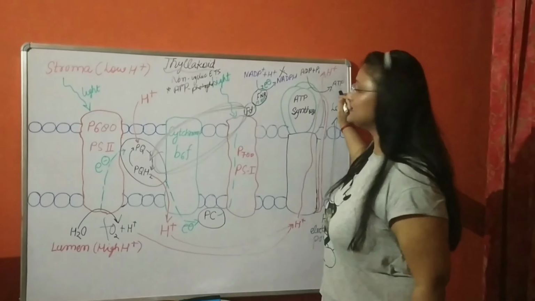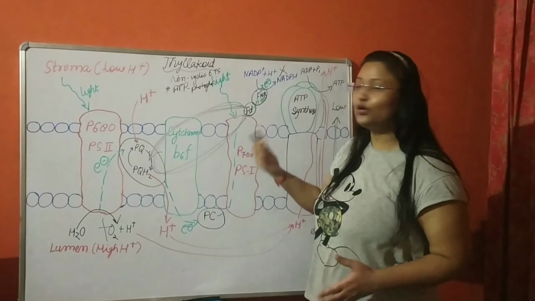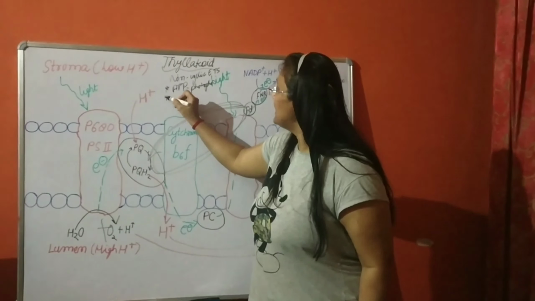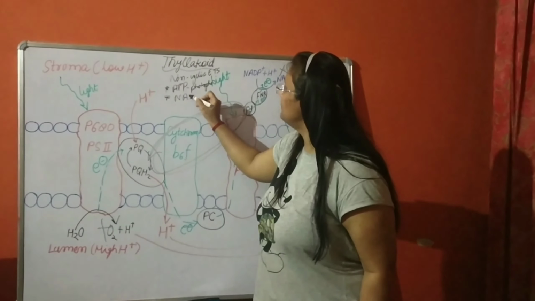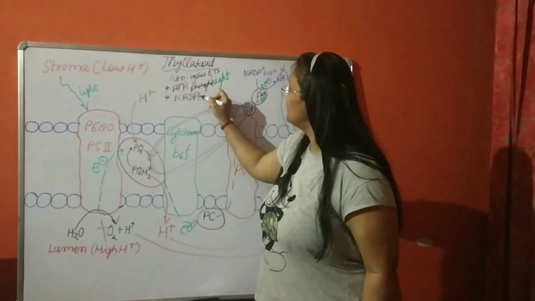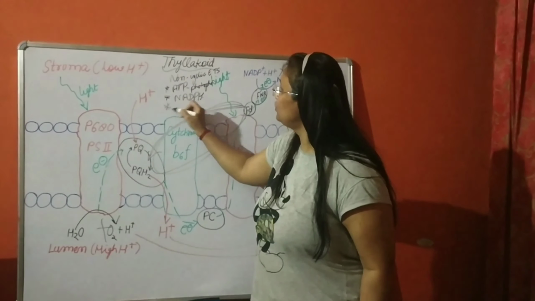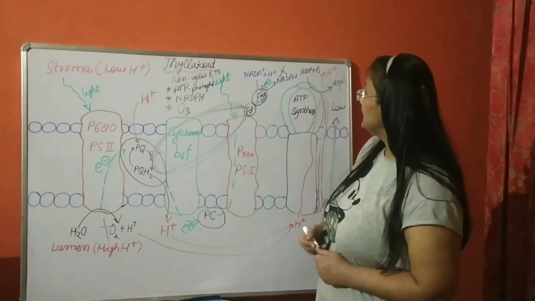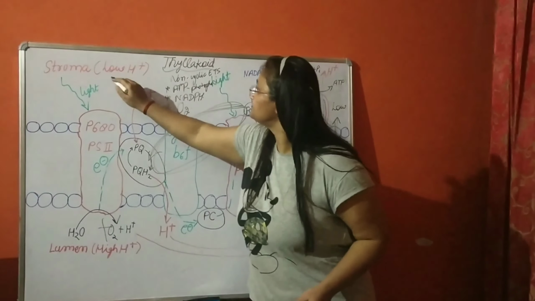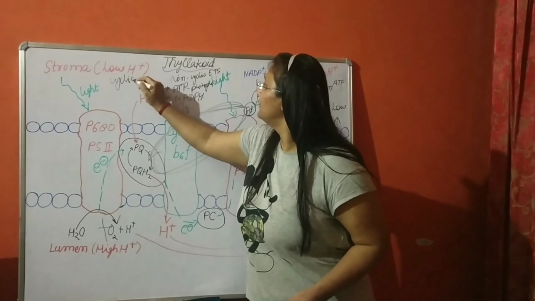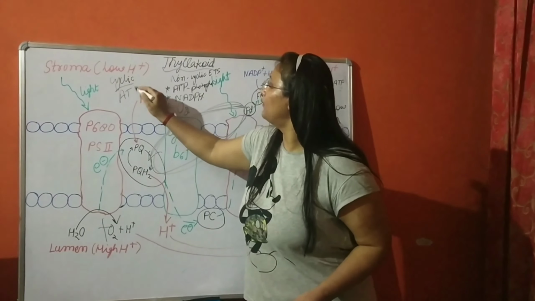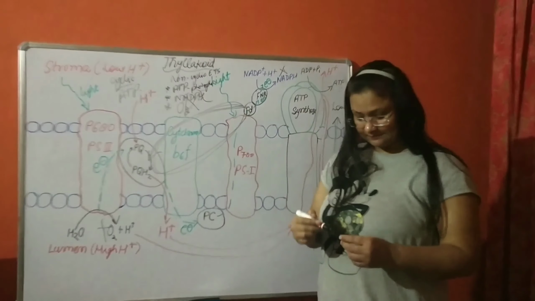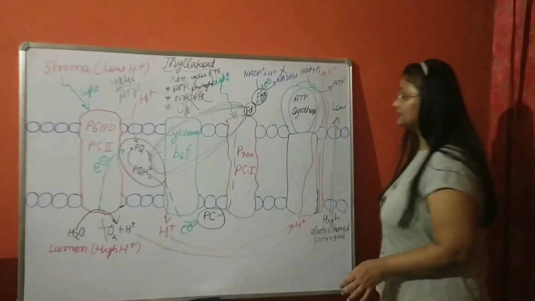This phosphorylation is occurring due to photons of light. ATP will be formed, photophosphorylation. NADPH will be formed, right? And O2 evolution will also occur. But in cyclic ETS, only ATP will be formed. These two processes will be blocked. Right? I hope it is clear.